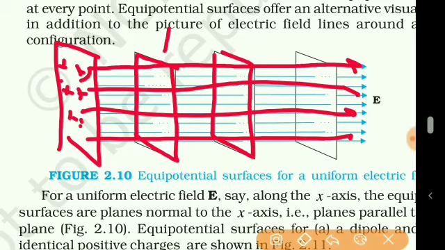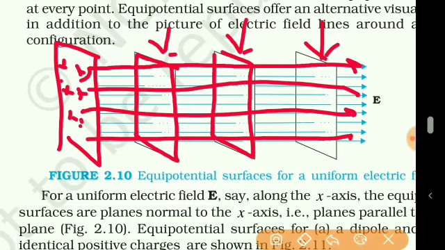So you can see that this is an equipotential surface, even this is an equipotential surface, even this is an equipotential surface, and we can get such infinite equipotential surfaces. But here the shape of that surface is a plane because the electric field lines are parallel to each other.